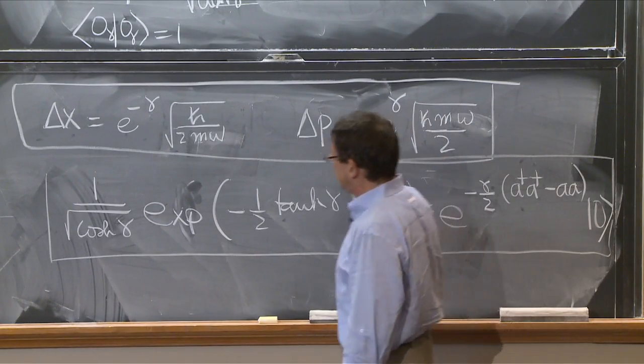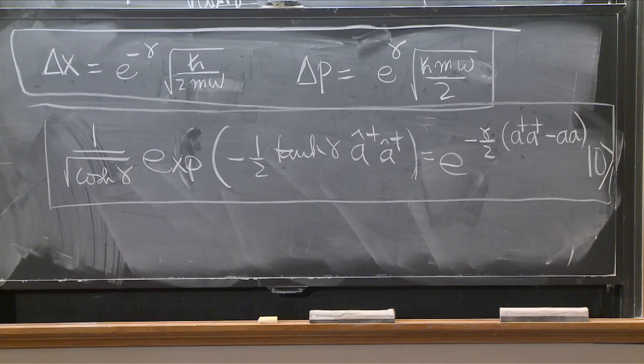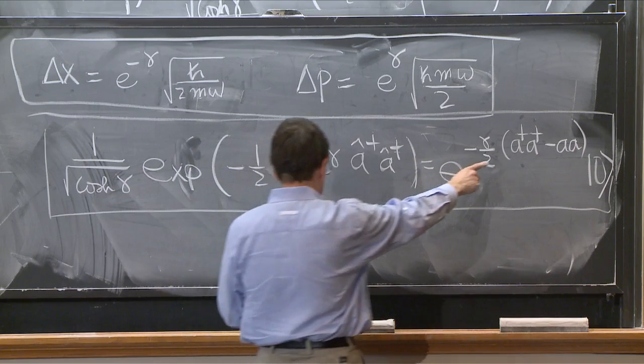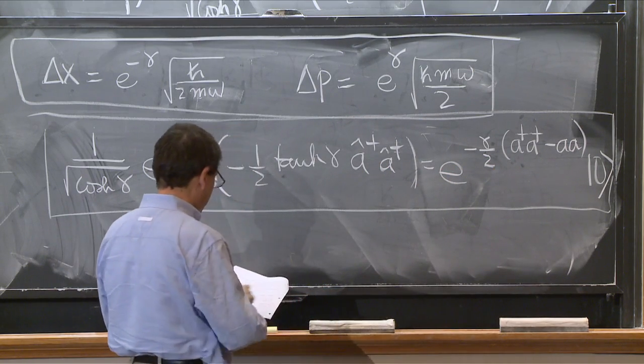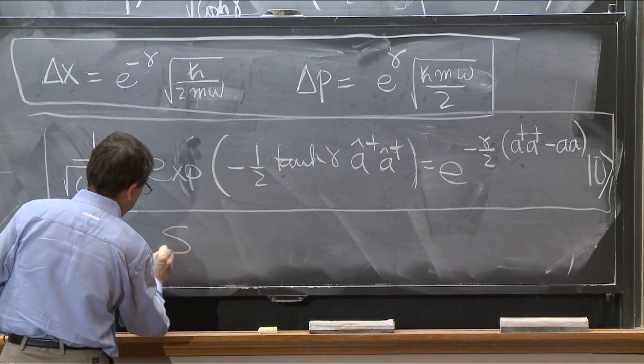I may post some pages where I did this computation once, and that is a nice operator. We call it the squeezing operator. S of gamma is a unitary operator.